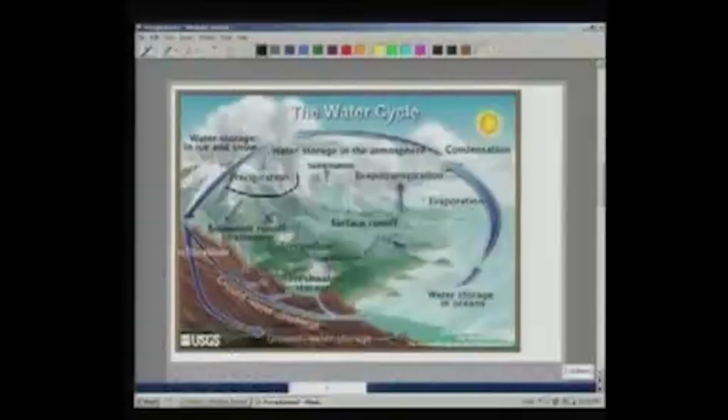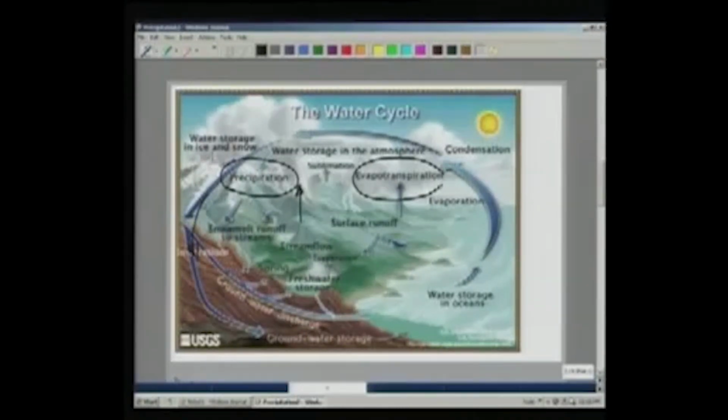So in today's lecture, we have looked at the precipitation. Out of this precipitation, part of it will go underground, which is called infiltration. Part of it will evaporate from the surface. Part of it will be lost as transpiration from the plants. So we combine them and we call that evapotranspiration.